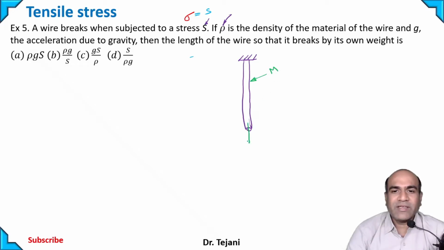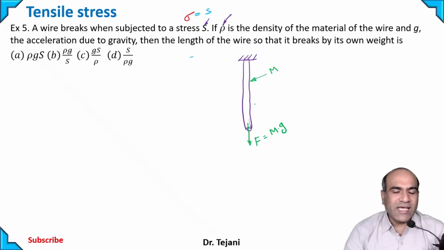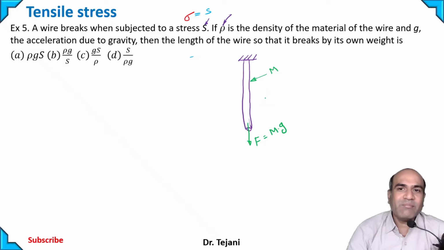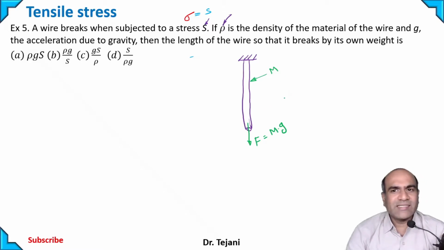And because of gravity, there will be a force. F is equal to mg, in the downward direction, and the material has density rho.